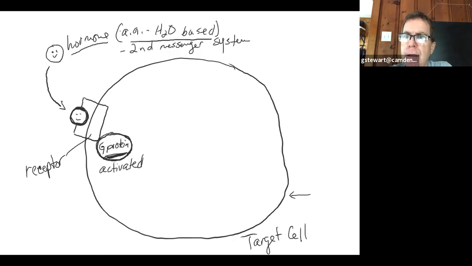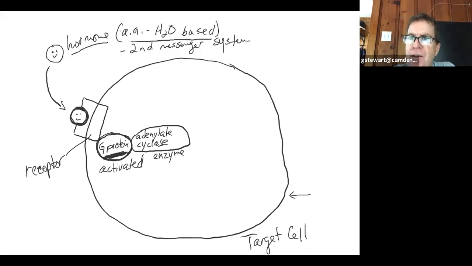G protein is coupled with something called adenylate cyclase. This is an enzyme that gets activated through the activation of G protein.